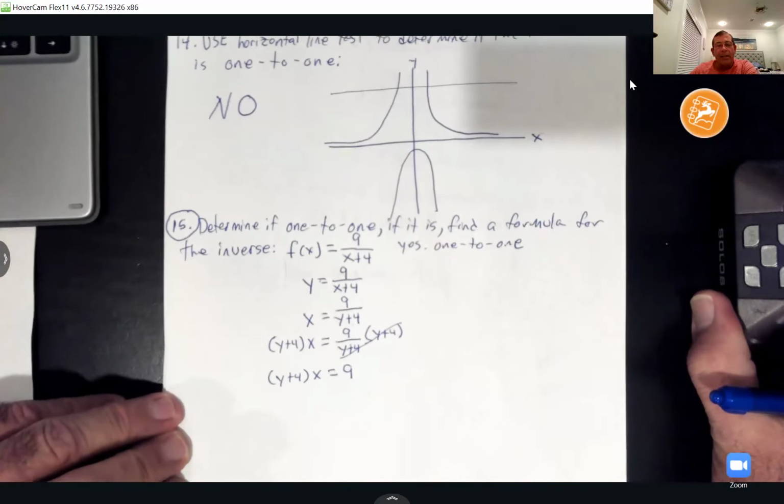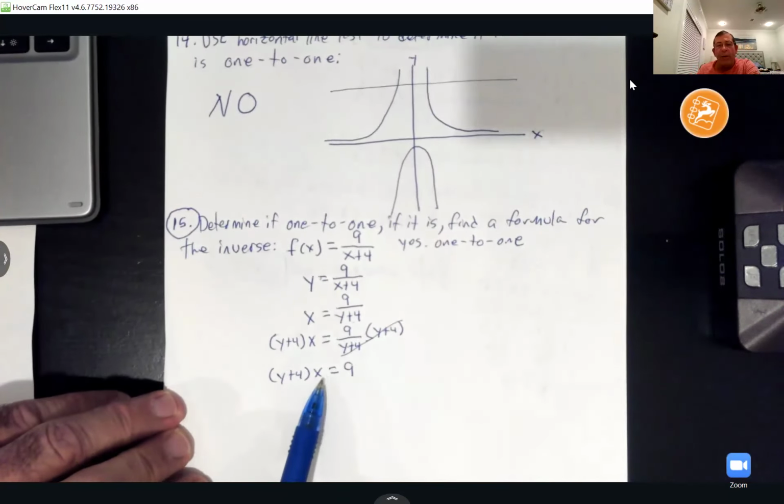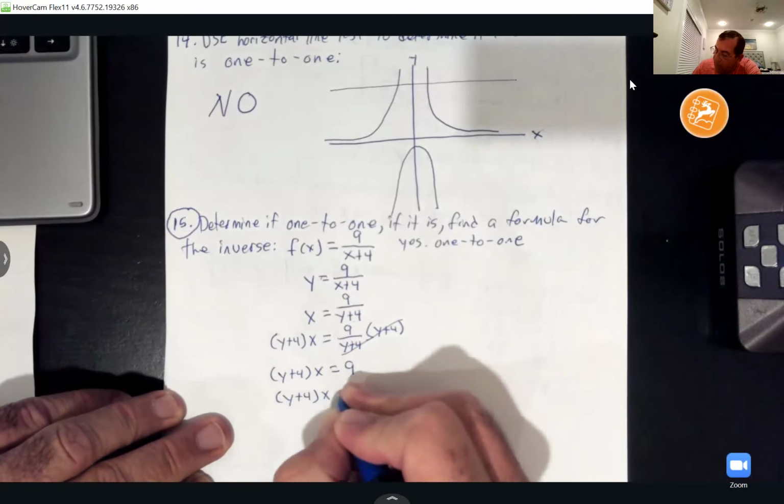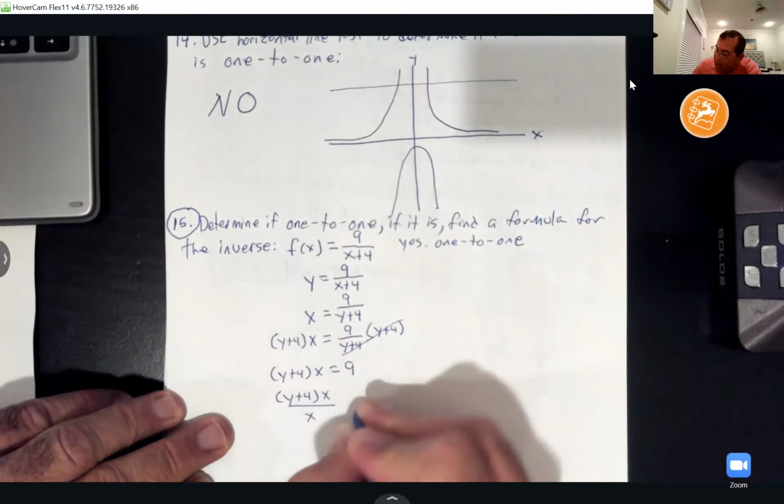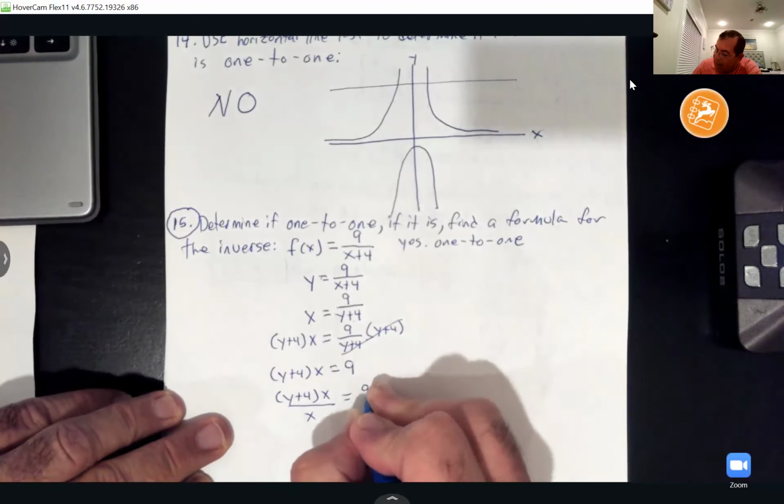All right, so check this out. A lot of people like to distribute that x, but I think that's doing more work. Instead of multiplying that x times y plus 4, I'm just going to divide both sides by the x.